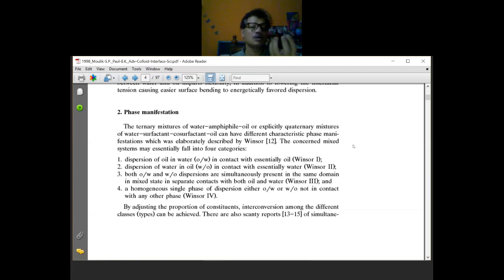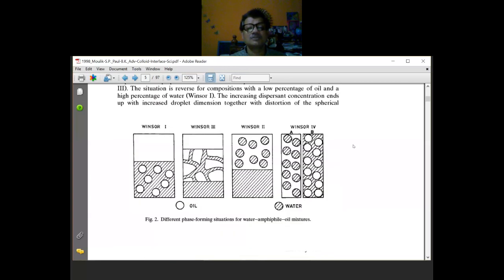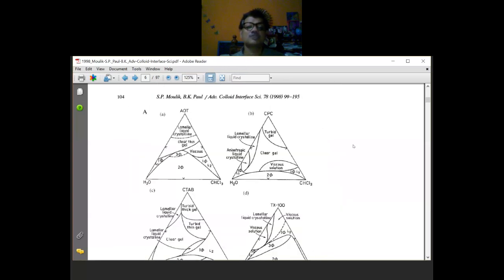So I take water, I take oil, they will not mix. But if I go on adding surfactant into the solution, then they will start forming micelle or reverse micelle, and I can disperse one into the other. This is done using the Gibbs phase diagram. This is called the Gibbs ternary phase diagram.